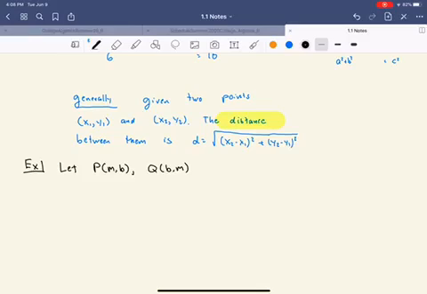And we're going to find the distance PQ between the points.